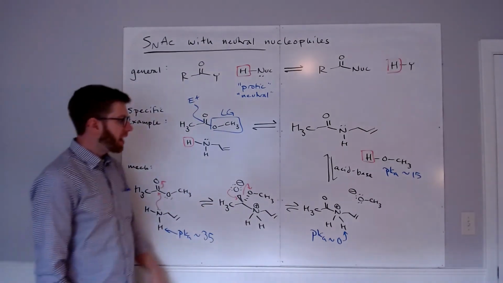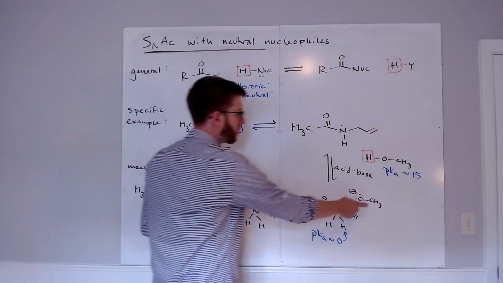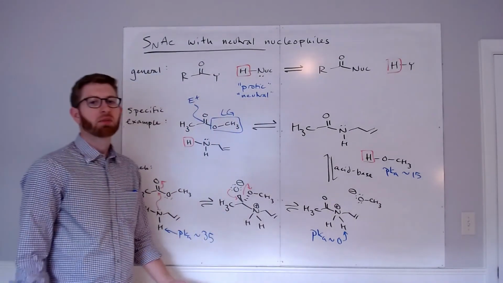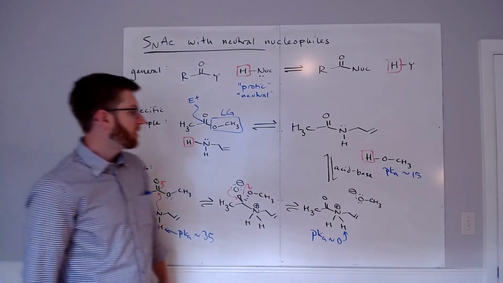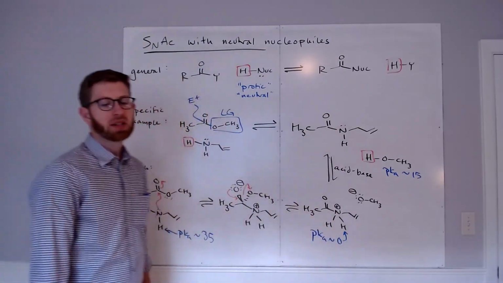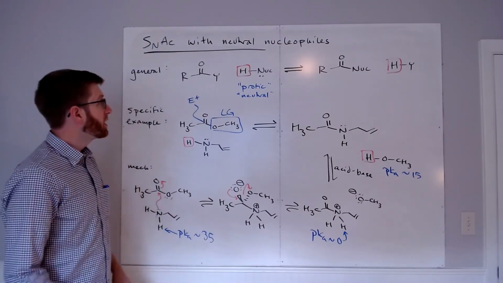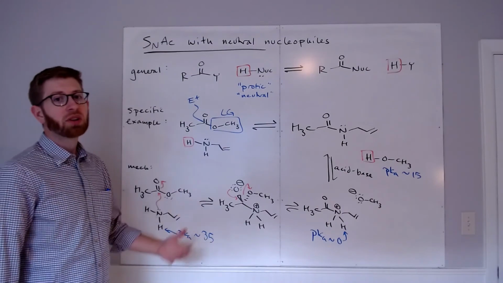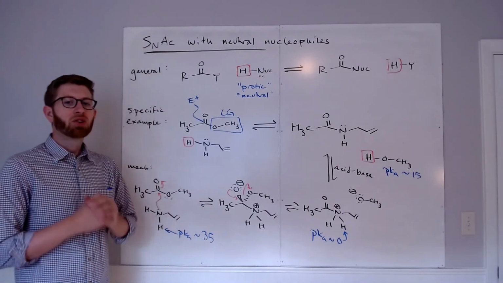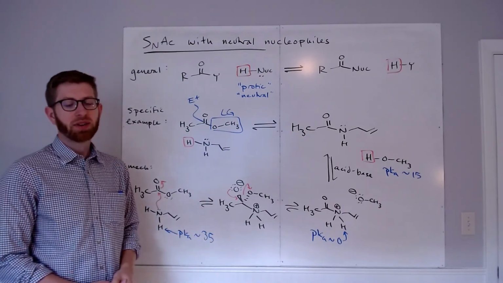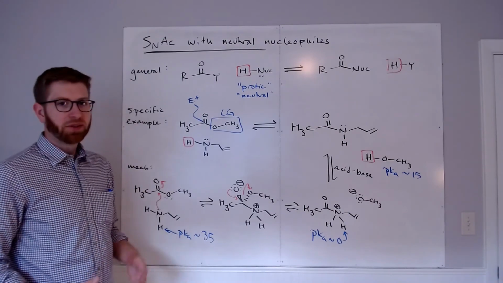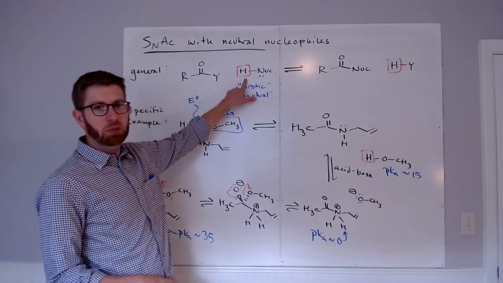And not only that, but by virtue of the elimination reaction, we generate a reasonably strong base in methoxide. That allows us to make a prediction that this acid-base step at the last stage of the reaction should be very favorable. So we can see that these neutral protic nucleophiles more or less function just the same as anionic nucleophiles in SNAc reactions. The big difference is the nature of where this proton ends up.